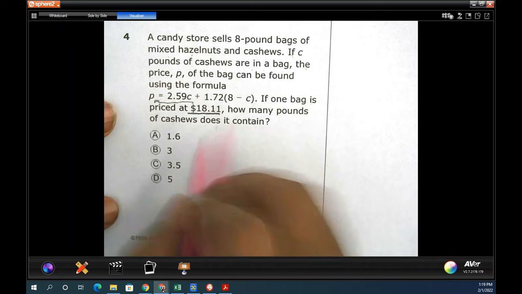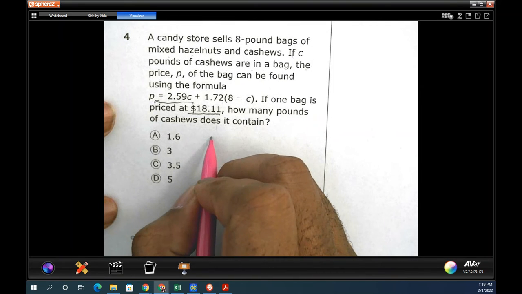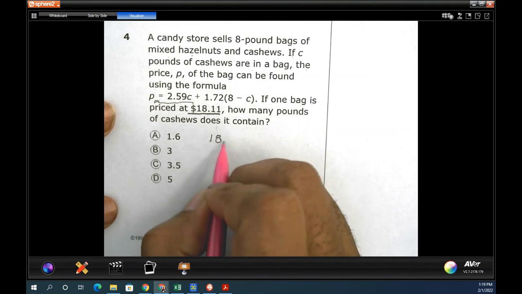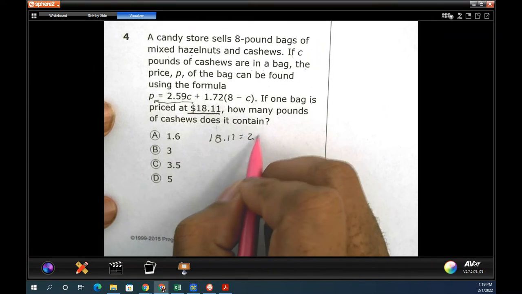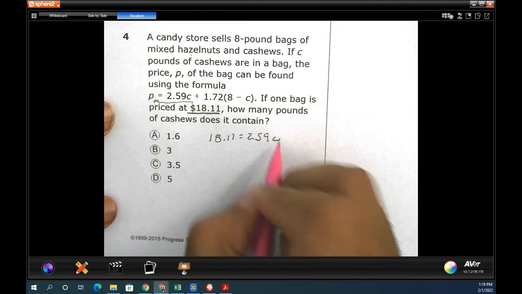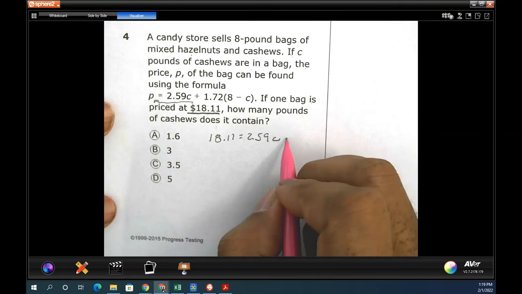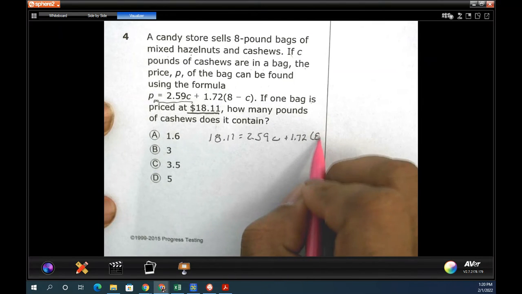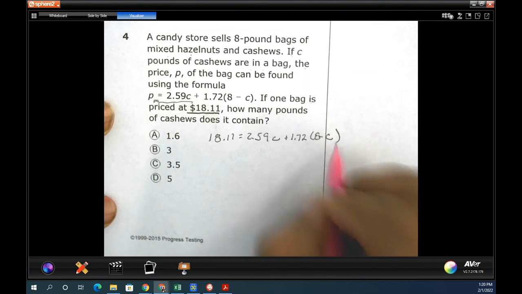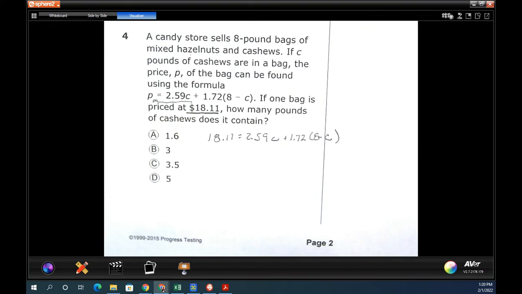Now look at this. Do this. Look at it now. 18.11 is equal to 2.59 C plus 1.72 times 8 minus C. What are you doing right there?